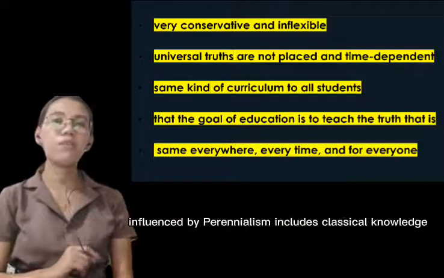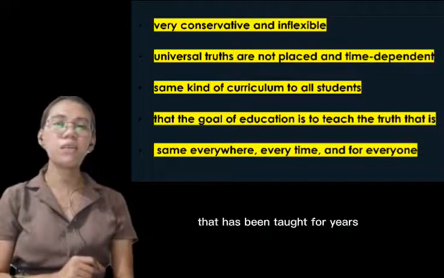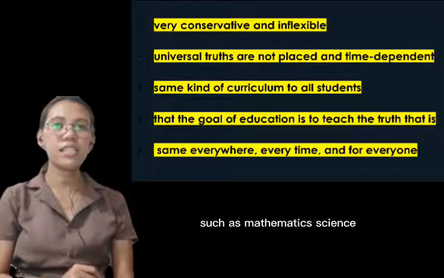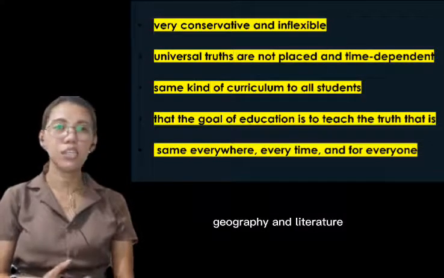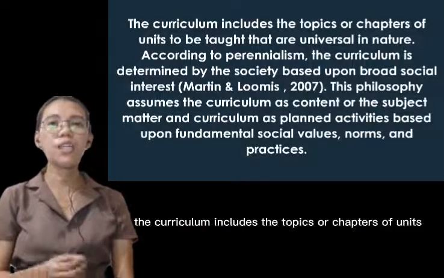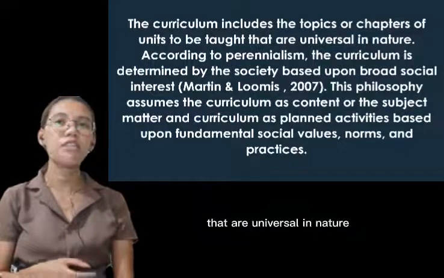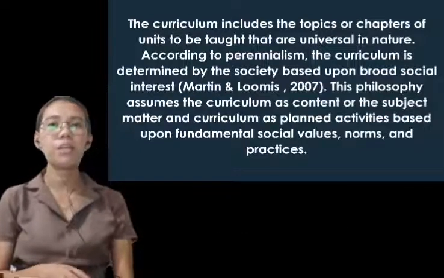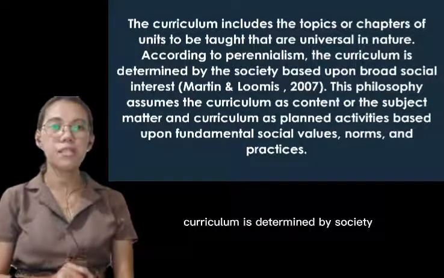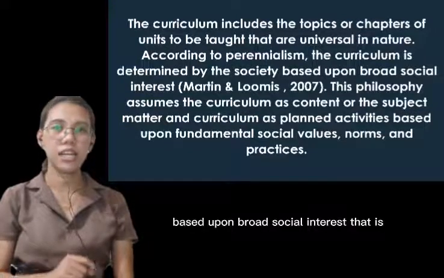The curriculum influenced by perennialism includes classical knowledge that has been taught for years, such as mathematics, science, geography, and literature. The curriculum includes the topics or chapters of units to be taught that are universal in nature. According to perennialism, curriculum is determined by society based upon broad social interest.